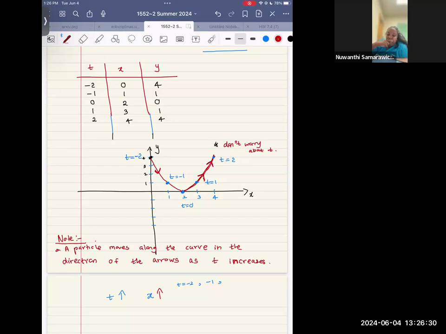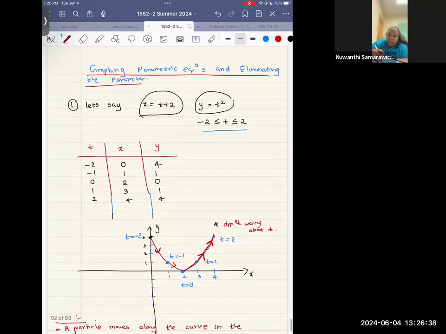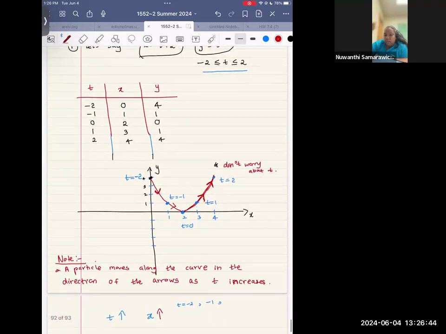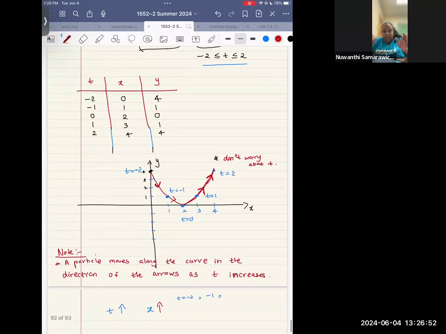So this is your parametric curve for these parametric equations. The first step is to draw a table and find the values of x and y, and then according to the x and y coordinates, draw the graph.